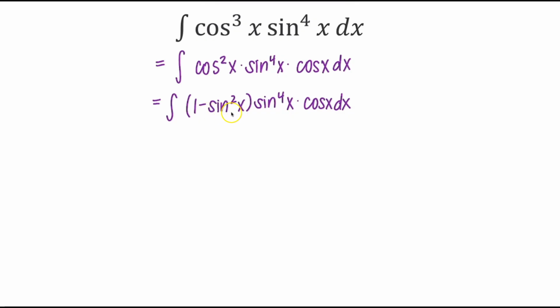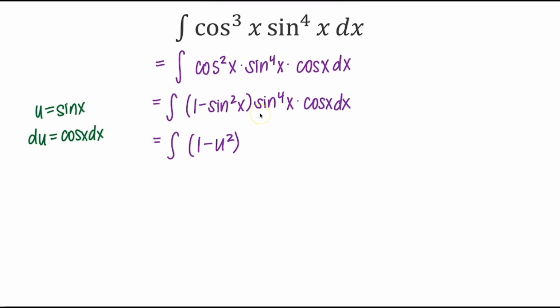We're going to let u be sine x because we have the derivative saved, cosine x dx. So we'll let u be sine x, du be cosine x dx, and then we're going to integrate the quantity 1 minus u squared, and now there's a sine to the 4th x.